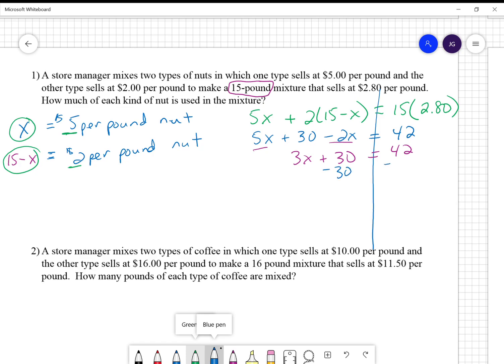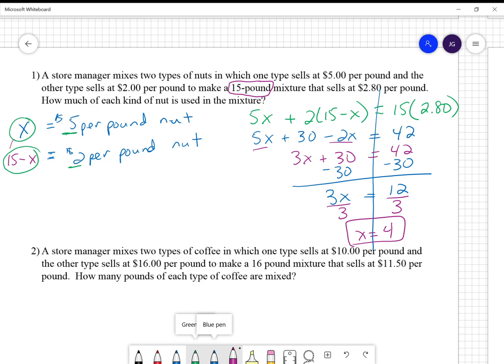Subtract 30. It's kind of good to make a note of what kind of numbers you can't get for your answer. Well, if x represents how many pounds, I can get a fraction answer. I could have 2.5 pounds, but what I cannot have is a negative answer. So my answer is x equals 4.